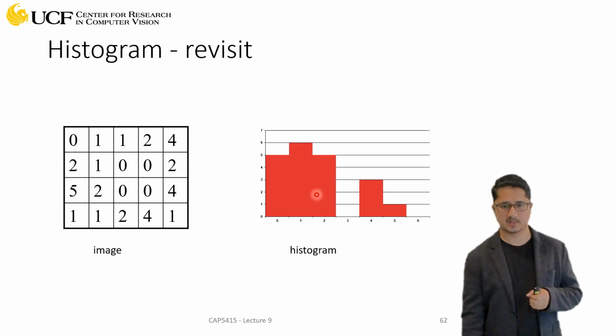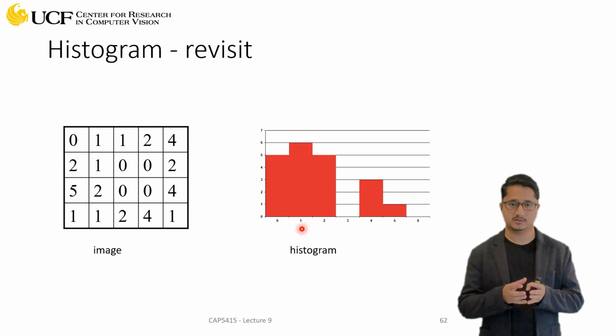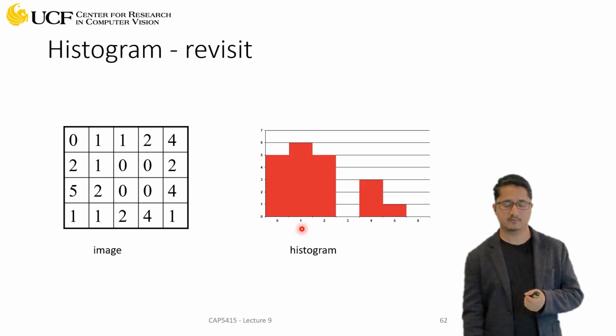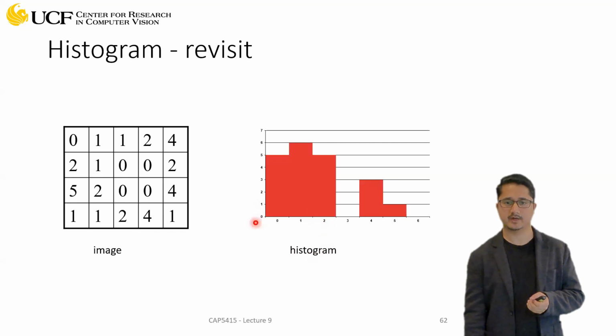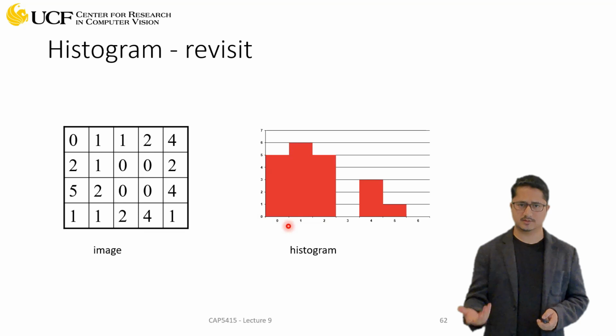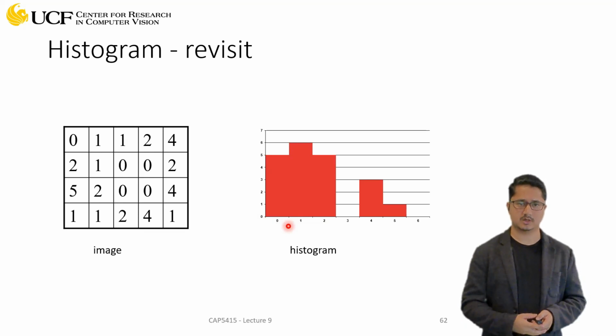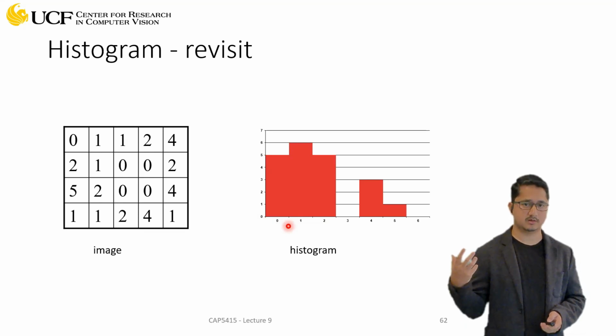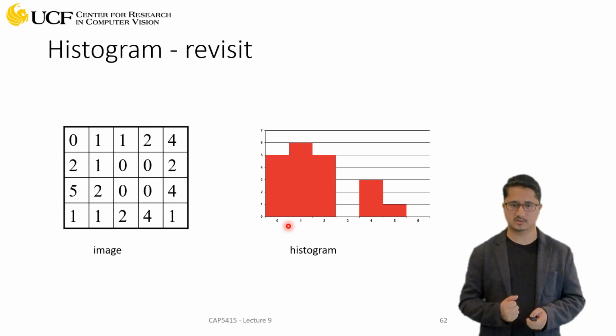One good practice is to have an equal number of values for each bin, so they will be equidistant. For example, in the earlier example, we had 2 values for each bin. So that's the simple concept of a histogram, and we will use this concept when we are extracting HOG features. That's why it's really important to understand this.